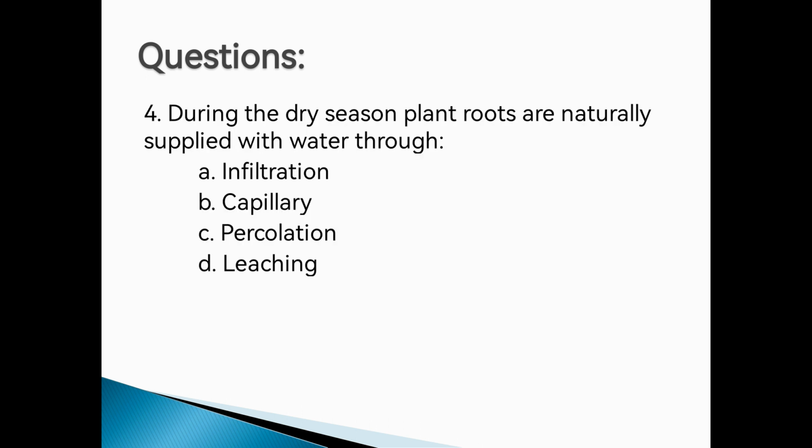Question number 4. During the dry season, plant roots are naturally supplied with water through A. Infiltration, B. Capillary, C. Percolation, D. Leaching. The correct answer is B.